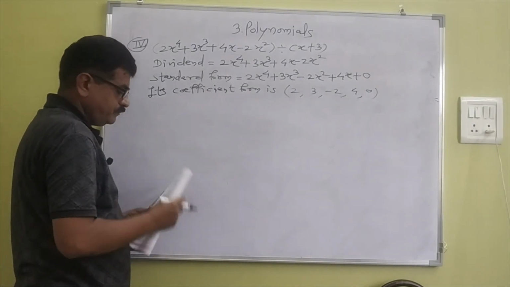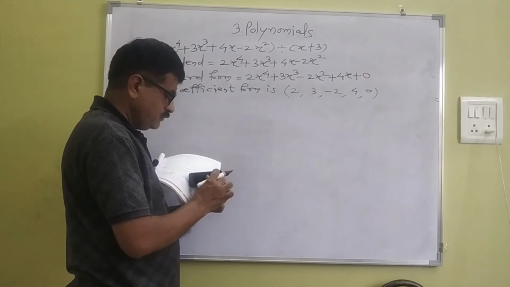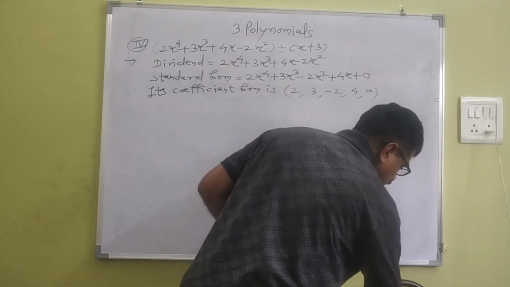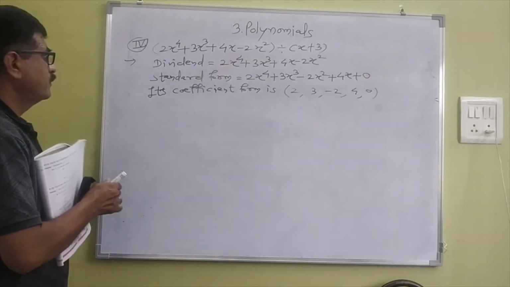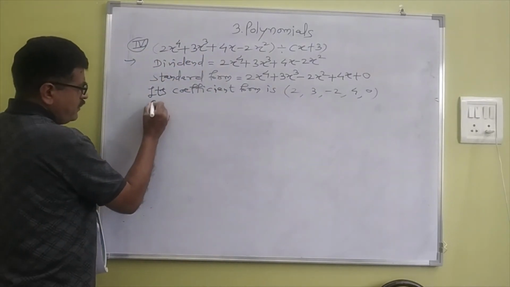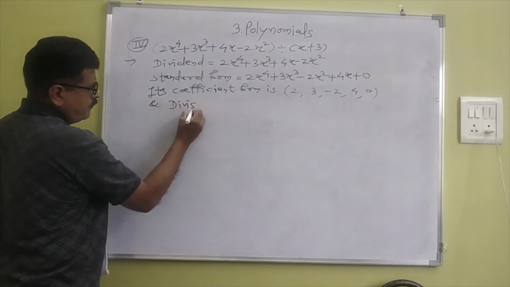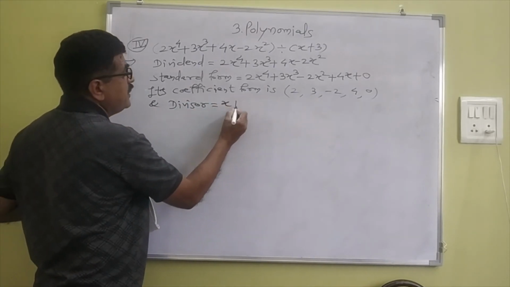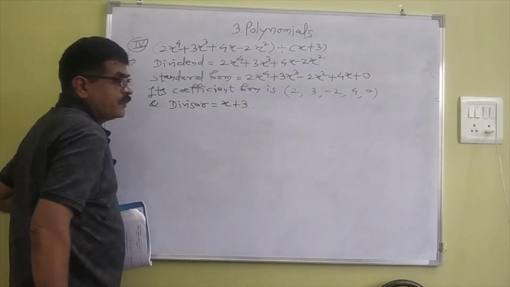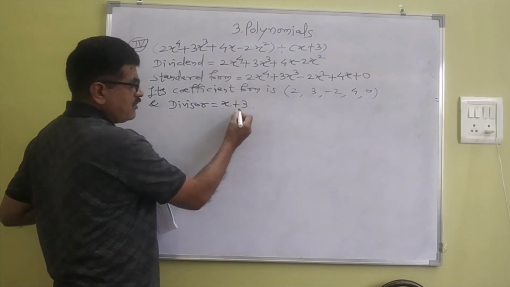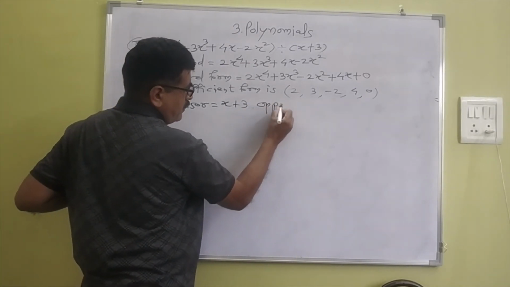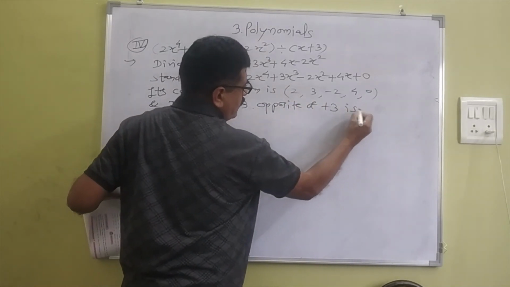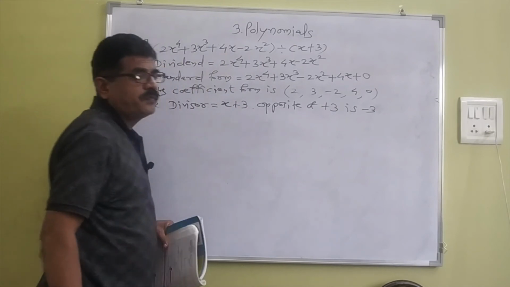Divisor, write down, and divisor is equal to x plus 3. Therefore opposite of plus 3 is minus 3.